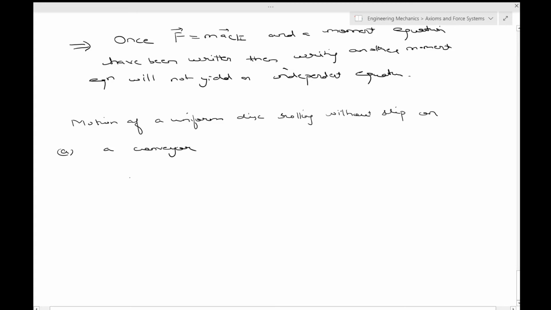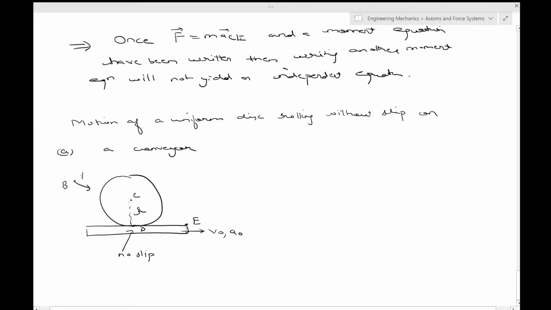For example, if you have this moves V naught, A naught, this is point E, this is point D. There's clearly no slip, and this is point C, this is R, you have this as B, acceleration of B, acceleration of A is equal to 0, and this rotates by omega and omega dot.